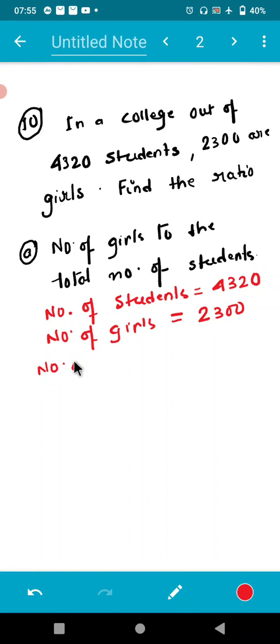So what will be the number of boys? Quite easy. We have to subtract number of girls from number of students. That means 4,320 minus 2,300. When we do it, the difference would be 2020.